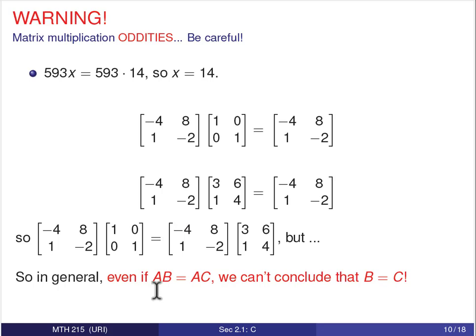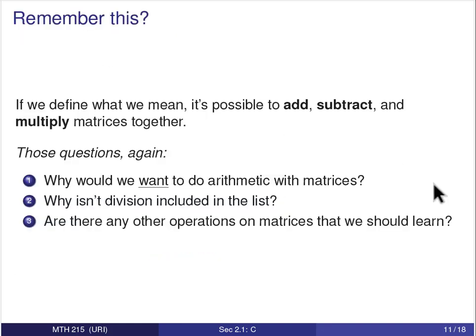Even if AB equals AC in matrix multiplication, you cannot automatically conclude that B is equal to C. Okay? So don't do canceling without better reasons than that it looks like something you could do in algebra.